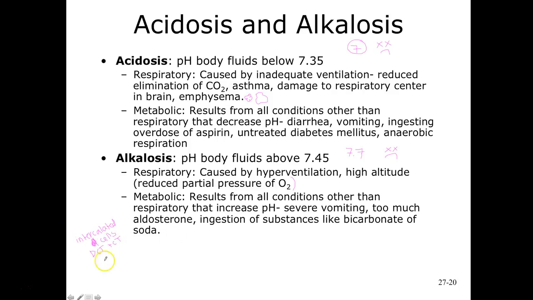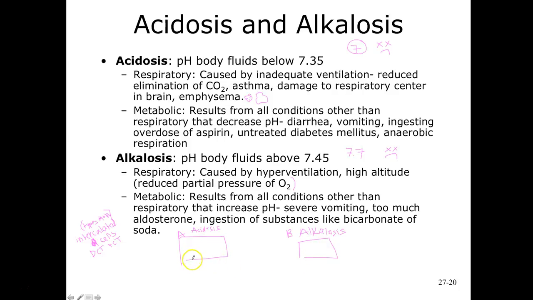So we have types A and B. Type A helps with acidosis, so I'm going to put a big A here. And type B is going to help with alkalosis. So here's my cuboidal cells.